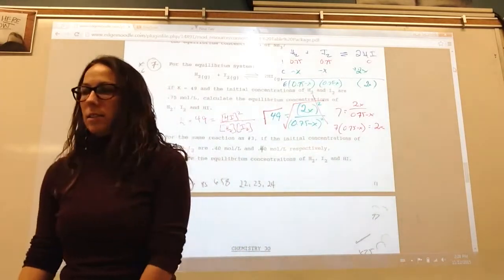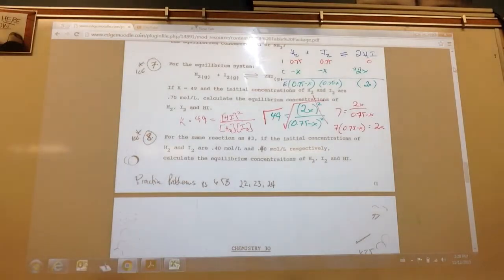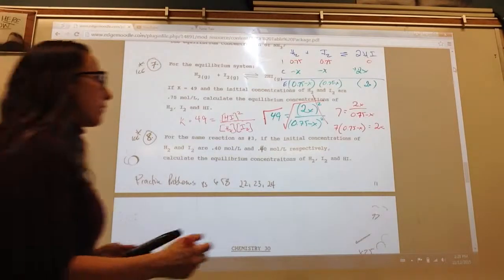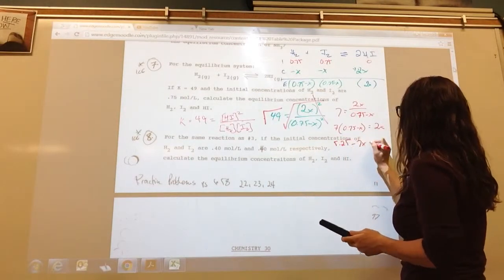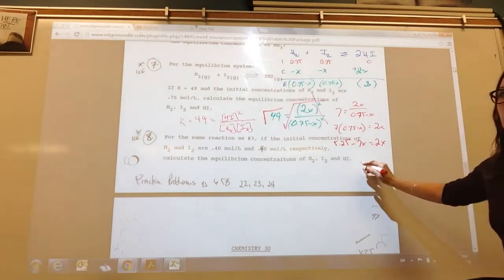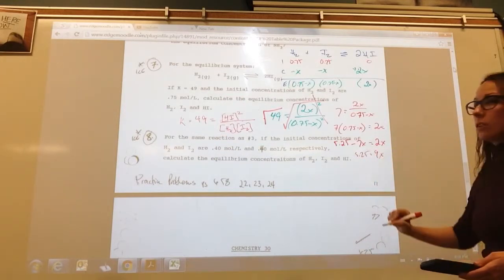Then I'm going to take that 7 and multiply it out. So 7 times 0.75 equals 5.25, minus 7x equals 2x. So 5.25 is equal to 9x.